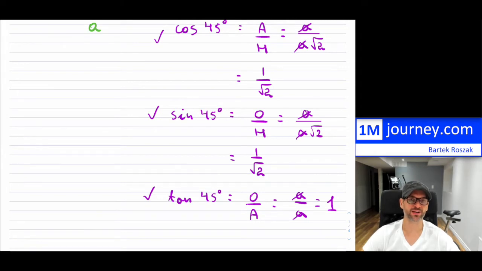And you notice that in all the instances, the actual length of that original square, so length A, is irrelevant. It doesn't matter what it is because it's going to cancel out.